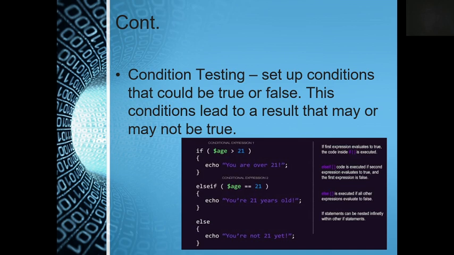Else is executed if all other expressions evaluate to false. Kung nag-input ka below 21, you will receive a message that you are not 21 yet. So, magpo-false silang lahat.